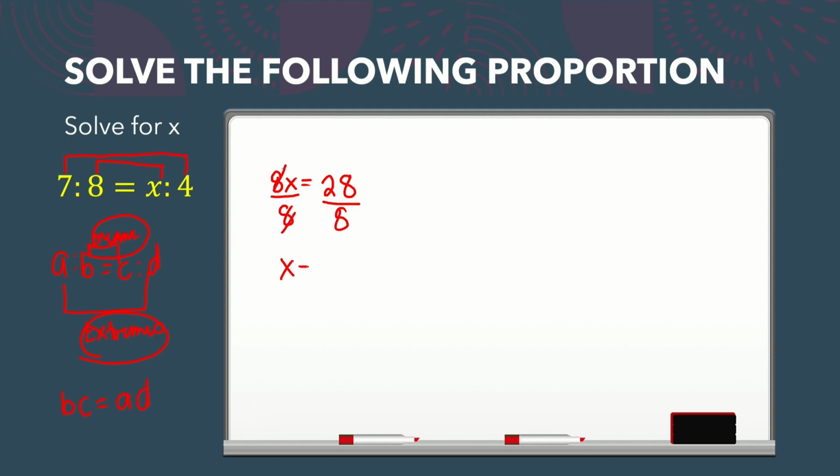So x now is equal to 28 all over 8. And we know that 28 over 8 is still reducible to lowest term. That is 28 divided by 4, that is 7, all over 8 divided by 4, the answer is 2. So our value for x is 7 over 2.